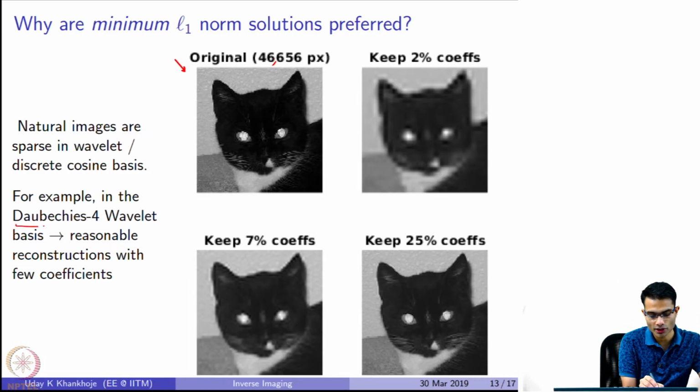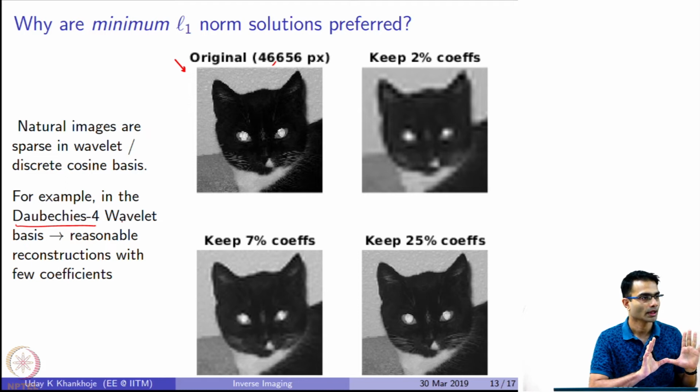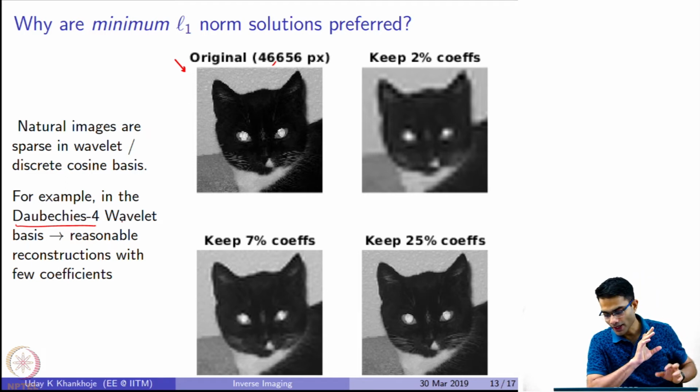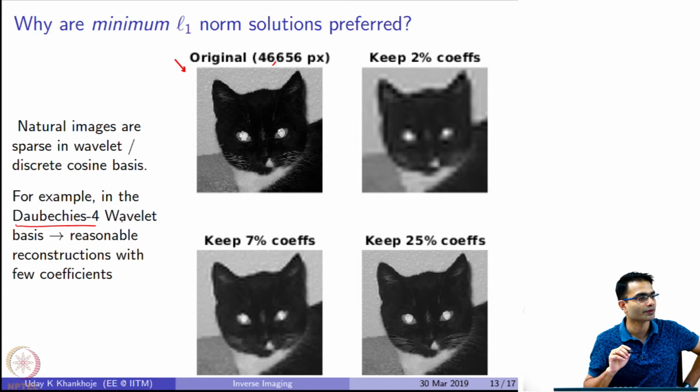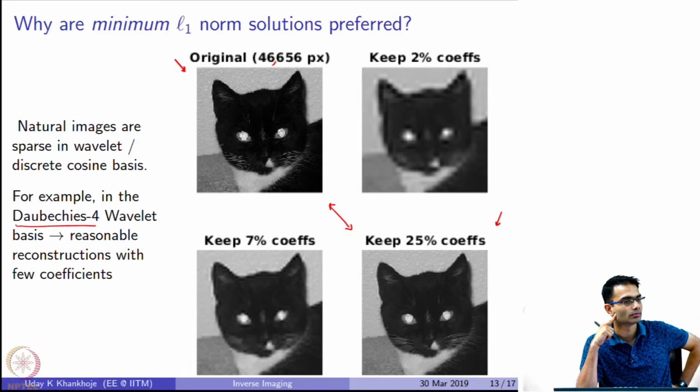I use what is called a Daubechies 4 wavelet basis, you need not know what it is, but it is some kind of an orthogonal basis. In this orthogonal basis, if I keep only 1/4 of the coefficients, I get this. Can you visually tell any difference between these two? Right, it is next to impossible with the naked eye to tell any difference between these two images.